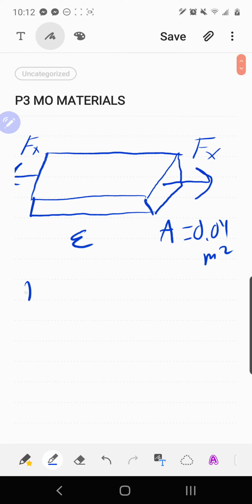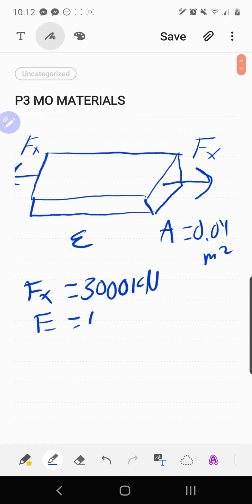Nice. Fx is going to be 3,000 kilonewtons. Our modulus of elasticity is going to be 193 gigapascals. And our specific volume is going to be 0.29.